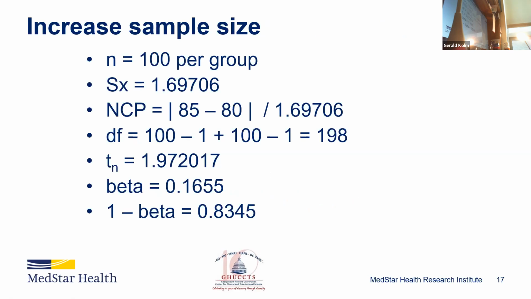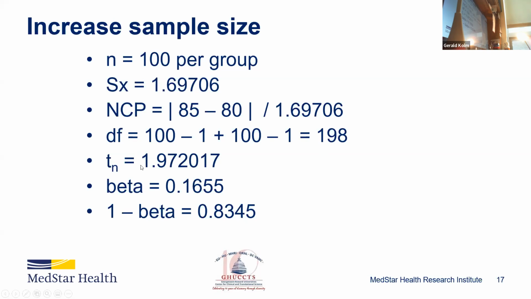Well, what if we increase the sample size to 100 per group? Then if we recompute our standard error, we get about 1.7, and our non-centrality parameter, or our t value for the non-central distribution, is equal to 1.97. We now have 198 degrees of freedom, which is 100 minus 1 for group 1 and 100 minus 1 for group 2.